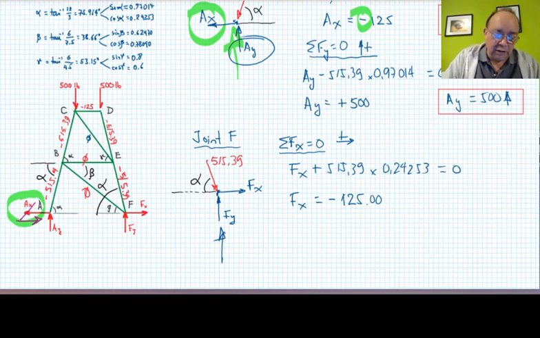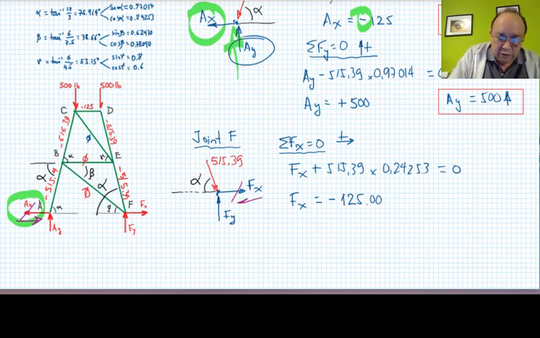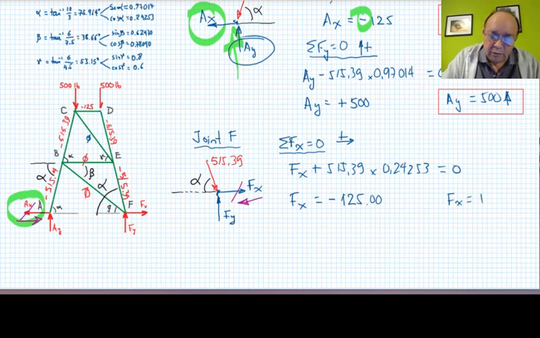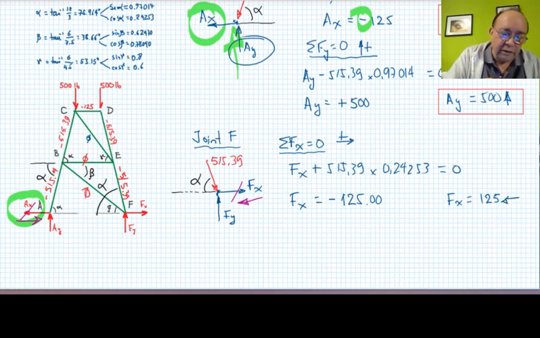It means that the assumption that the force was going to the right is wrong, so this is actually going to the left like that. So the answer will be written like this: Fx equals 125 going to the left. That's how you write that answer.